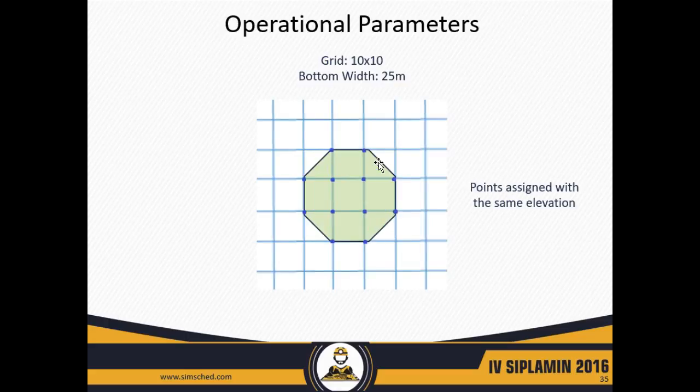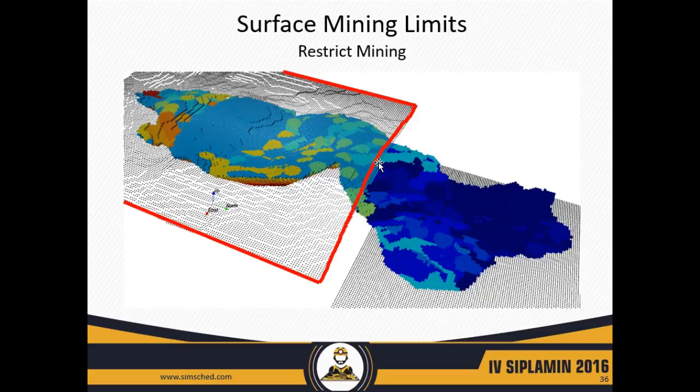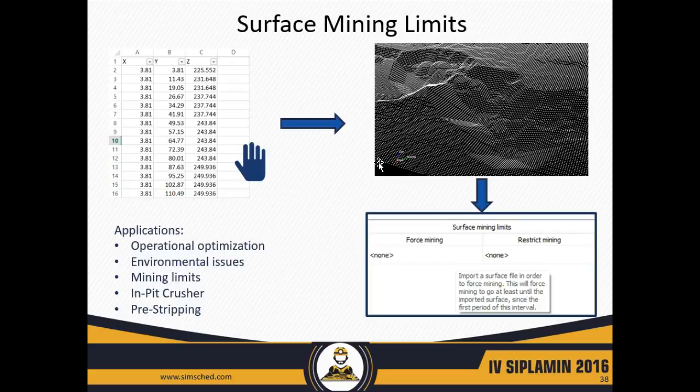So there's a part of bottom widths and mining widths that we have like a discretization into points. We have the opportunity to use surfaces to limit and restrict mining. And once you manipulate surfaces, you could do it manually using Excel, or you could do this using your own software for doing the manipulations you think are useful for you.